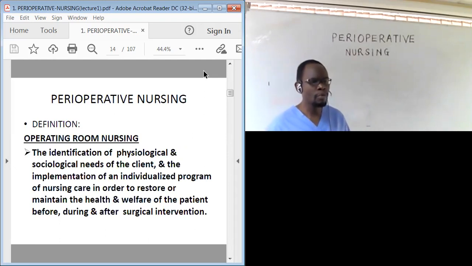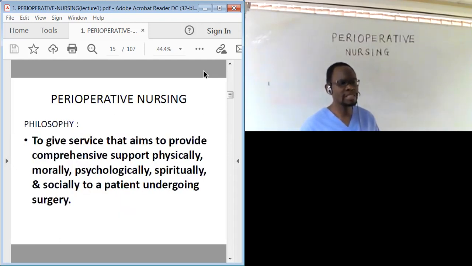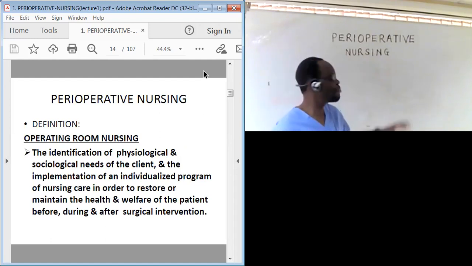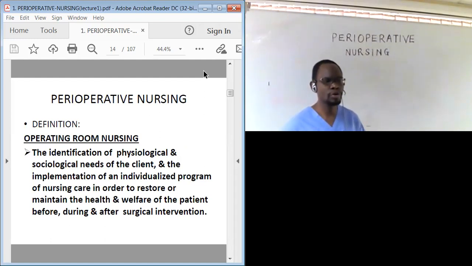Now, moving on, as I said earlier, perioperative nursing can also be referred to as operating room nursing. The main aim of operating room nursing is to look at the physiological, the psychological, and the sociological needs of the client and how we can help this client go through the operative procedure.